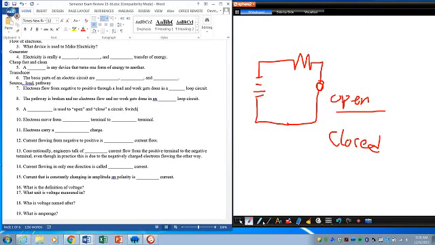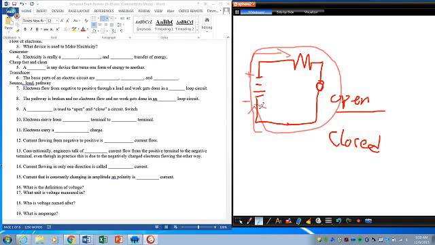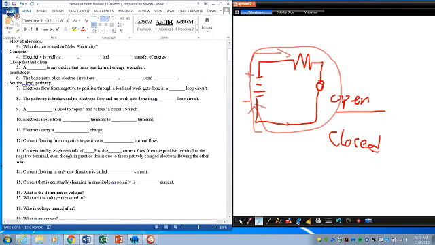So I'm not sure if you remember at the beginning of the semester, I talked about how electrons flow from negative to positive, but in reality, for number 13, it should be positive.